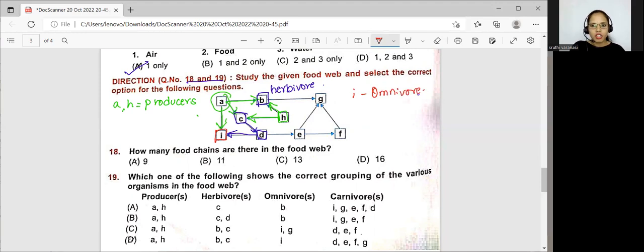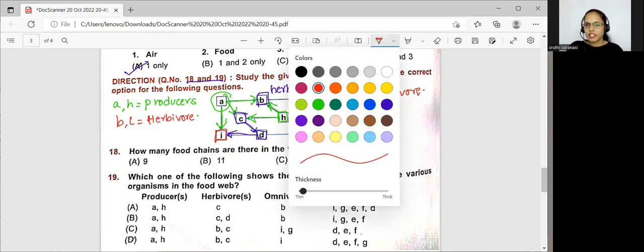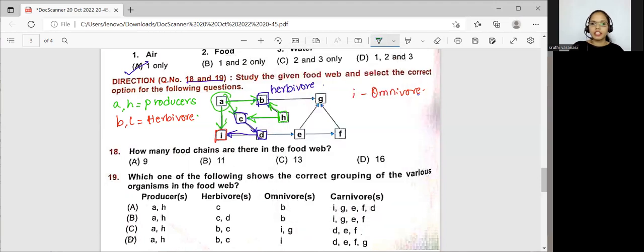What herbivores did we get? B and C. Let us write, B and C are the herbivores. Now, C is a herbivore, so the animal eating it will be D. It is a carnivore.